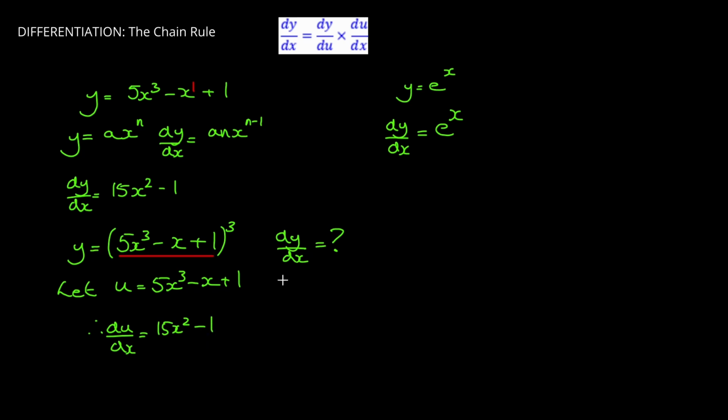And what of the substitution itself? What does our function look like now? Well, y is equal to u cubed. Well, I can differentiate that by replacing u for x and do an ordinary differential. And I get dy du is equal to, the 3 comes down, power reduces by 1, 3u squared. But we need dy dx.